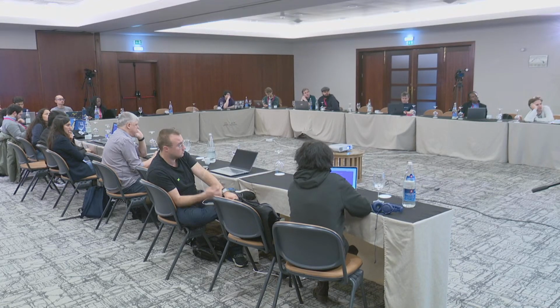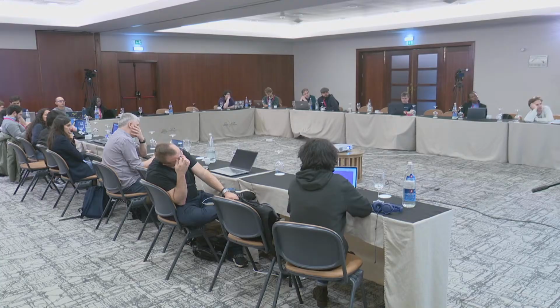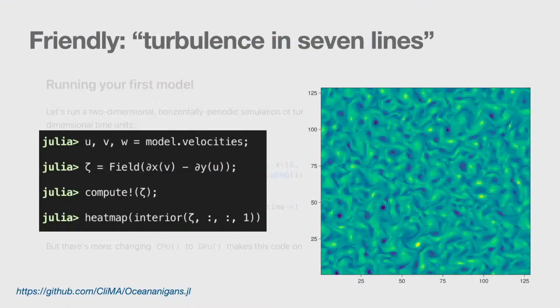Now, we don't only have to build and run a simulation, we also have to analyze it. So in Oceananigans, we implemented a whole set of syntax to build and compute diagnostics. Basically, we extended the concept of binary operations, multi-operations, and derivatives to work on the fields of Oceananigans, which are basically the variables of Oceananigans.